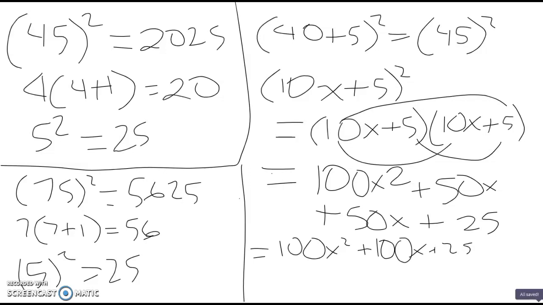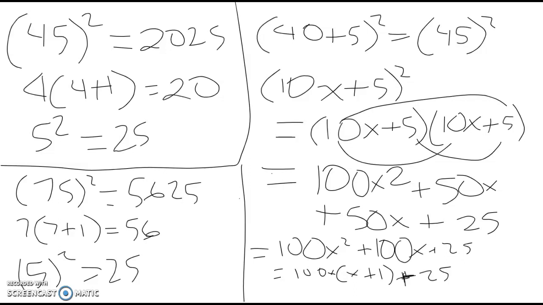And you can actually factor this into 100 times x times x plus 1, plus 25. And if you look at it, that's actually the same thing as what we were doing for 45 squared or 75 squared.